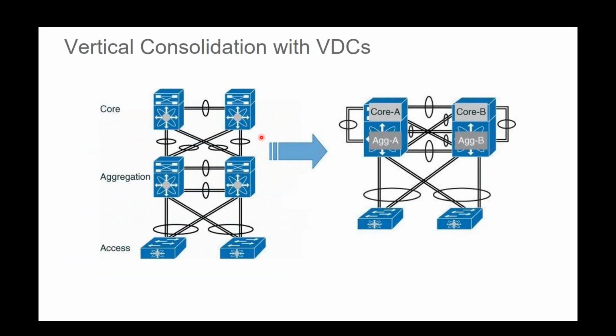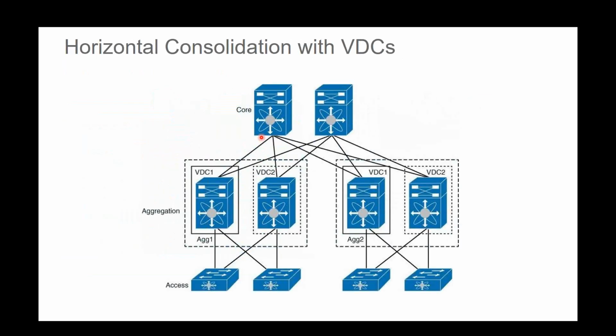Say, horizontal consolidation. Say you had test and dev, and you didn't want to buy a full set of extra switches for each of them, but you still want your redundancy. Let's see, I had to look at this one twice before. You have VDC1 and VDC2 on each of your 7000s.